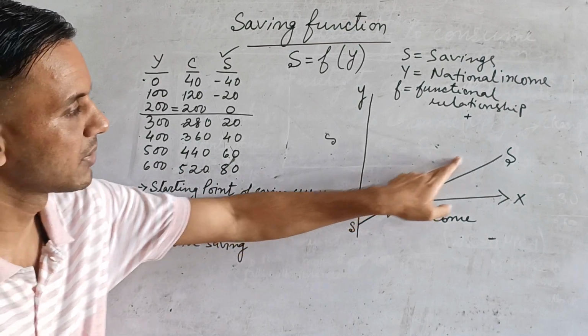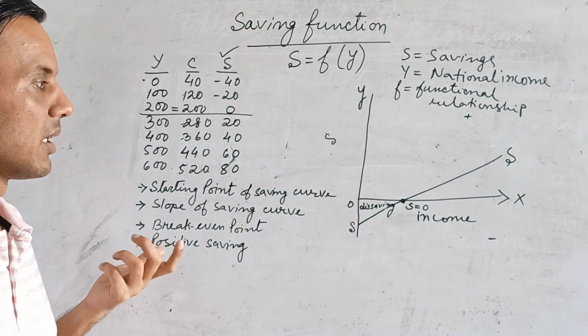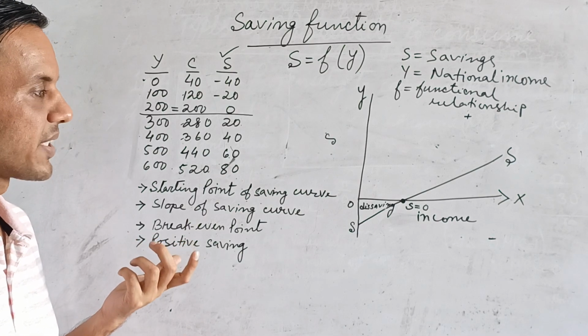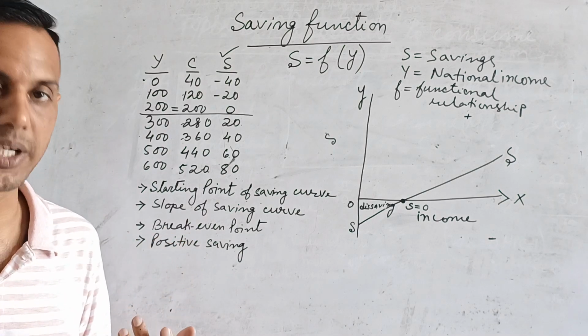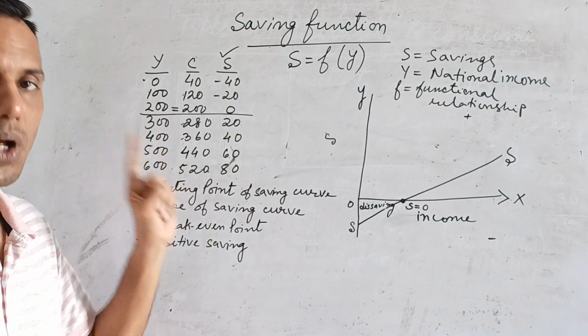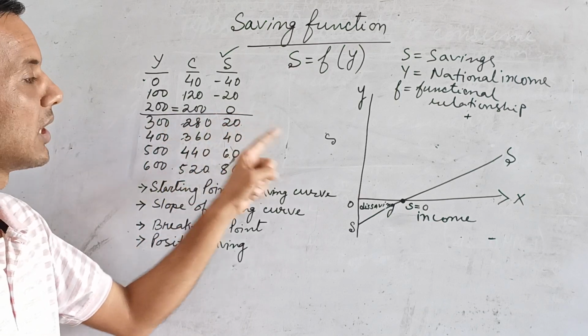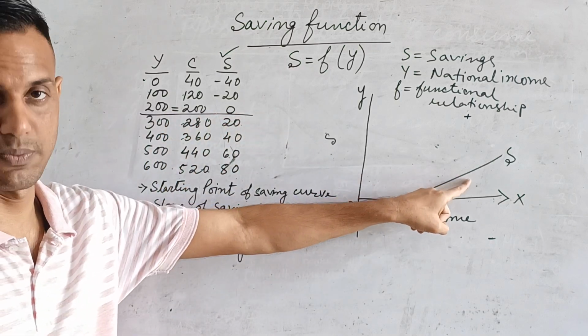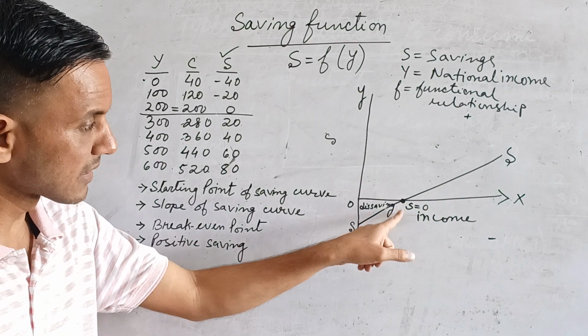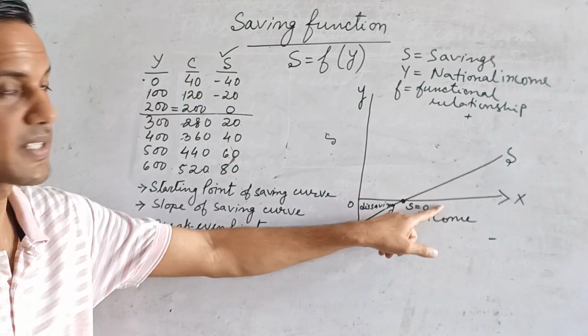See this curve. Clear? So what did you understand? Previously you saw that savings is negative. After this break-even point only, saving is positive. So the savings curve starts from here, where S is equal to 0.